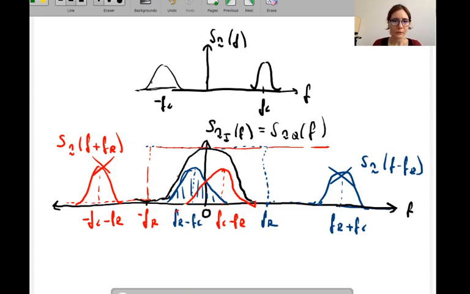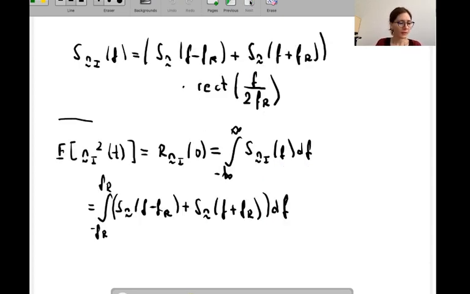So this blue one should come from this shape. And the red area here would be obtained by shifting this right wing to the left. So the blue area plus the red area is obviously the area under the original power spectral density.